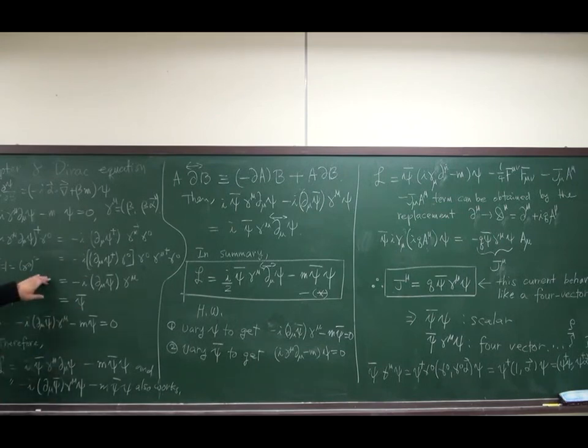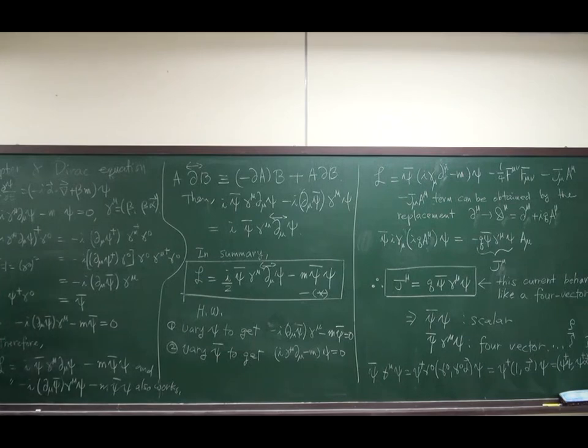So if I combine these two with negative sign on it, I have minus i partial mu psi bar gamma mu minus m psi bar. So this equation can be obtained by taking the Hermitian conjugate and multiplying gamma 0 to the right side from the original Dirac equation. So the equation of motion for psi bar can be derived from the equation of motion for psi.